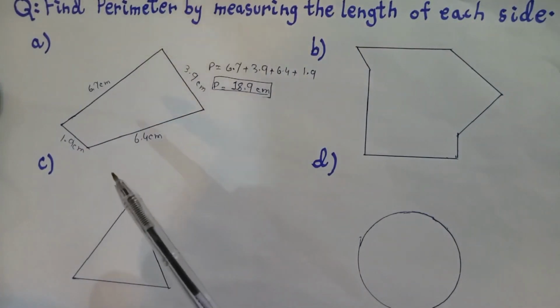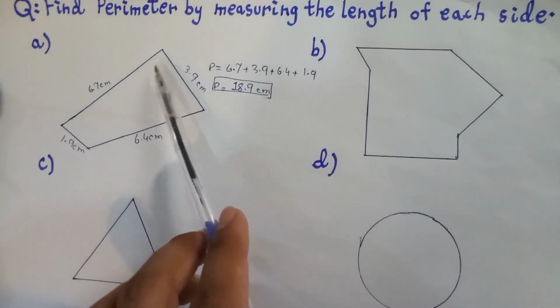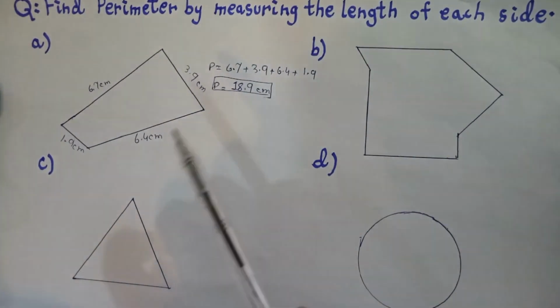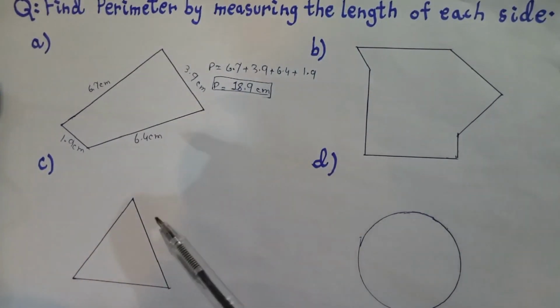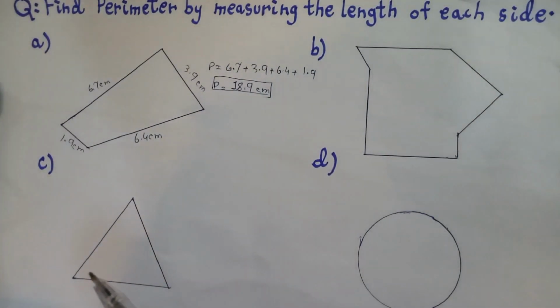Okay, now if we have squares or rectangles, what can we do? We can also measure all the sides of a square and rectangle, or we can measure 1 or 2 sides present here and use their formula by putting the length of 1 or 2 sides in that formula.